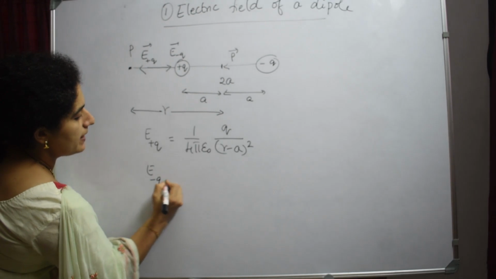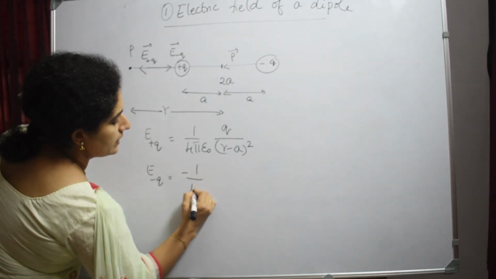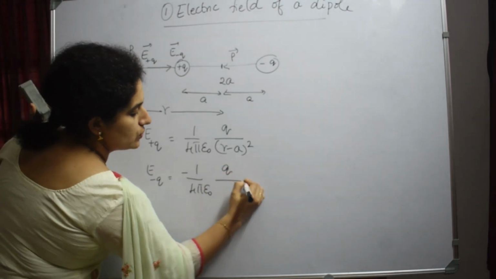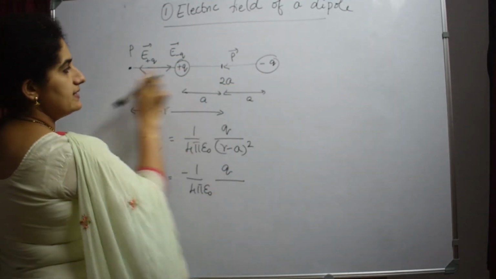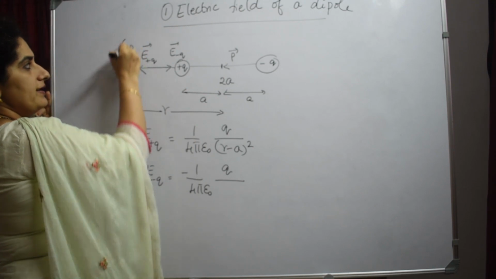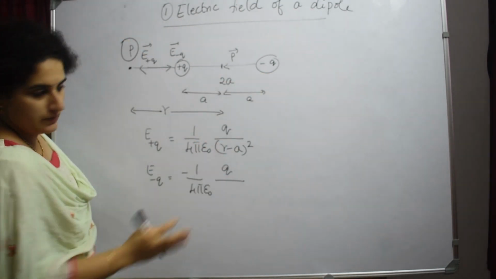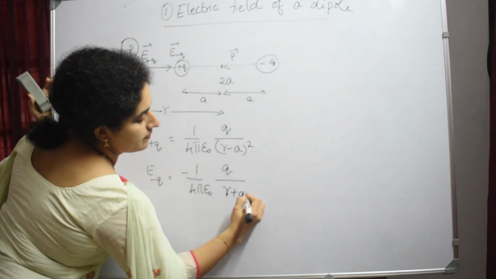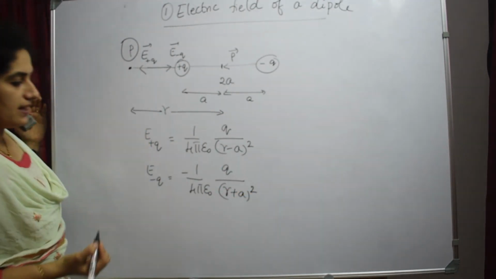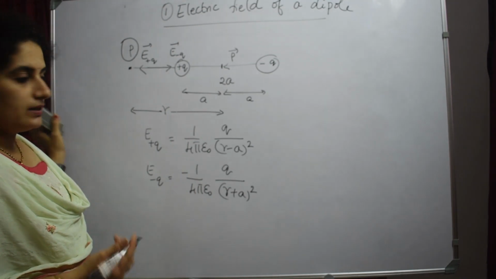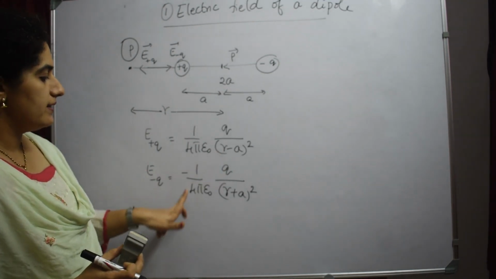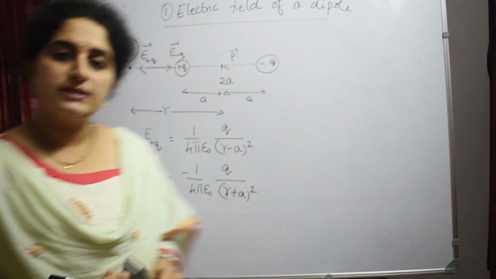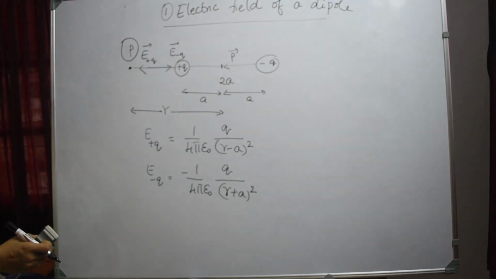E due to minus q is minus 1 by 4 pi epsilon naught, minus charge, so q divided by, what is the distance of this point P from minus q? So r plus a, r plus a whole square. Now we will find out the total electric field.